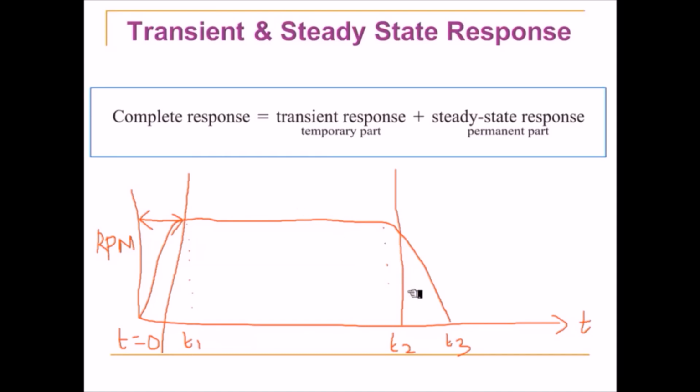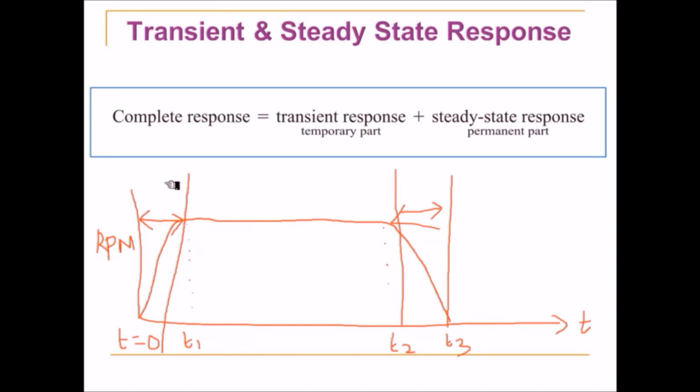And again from t2 to t3, you are seeing a small amount of time to reach from final state to 0 state. So this interval again comes under transient period, and hence the transient analysis is carried out during this time interval. So your complete response is a combination of a steady state response and transient response on either side.